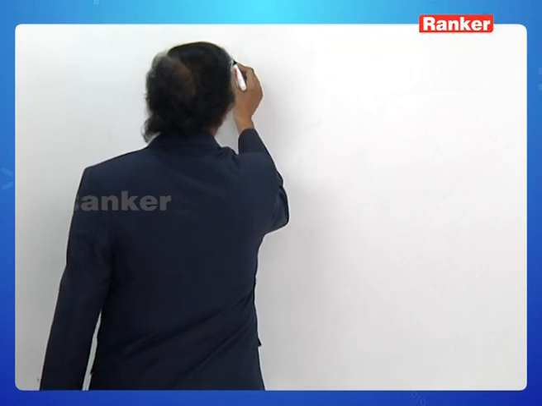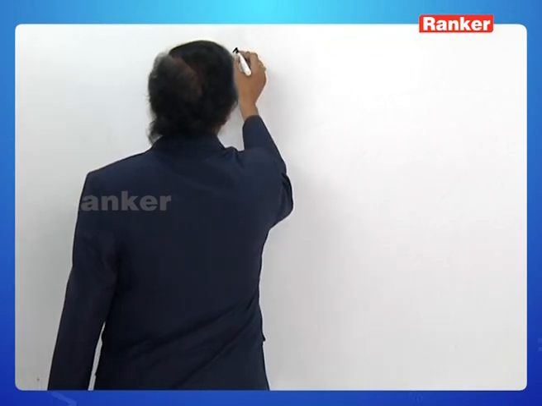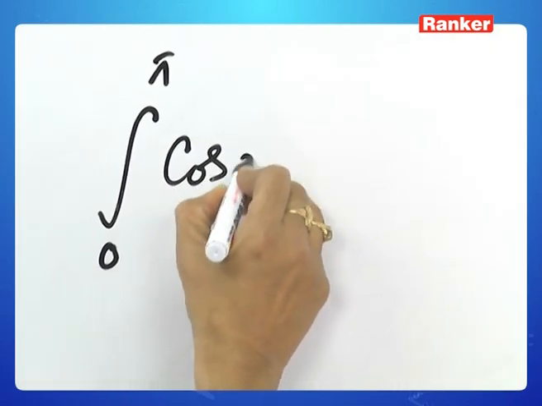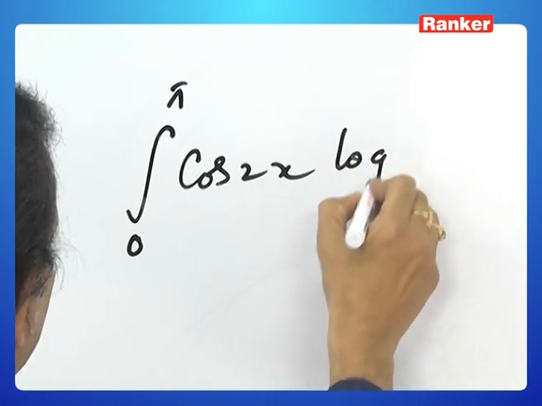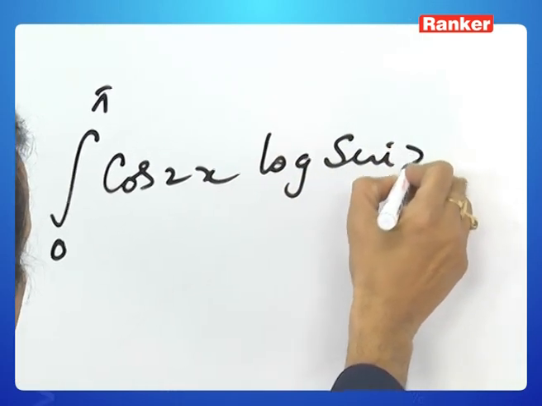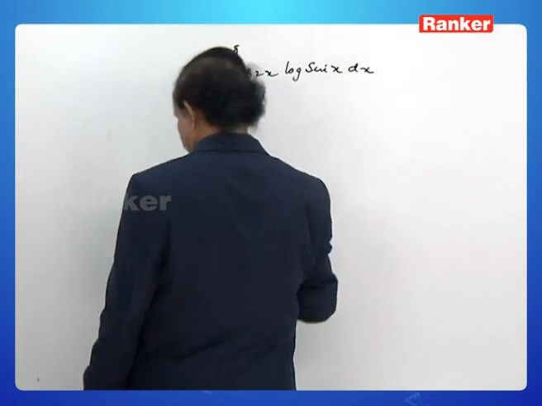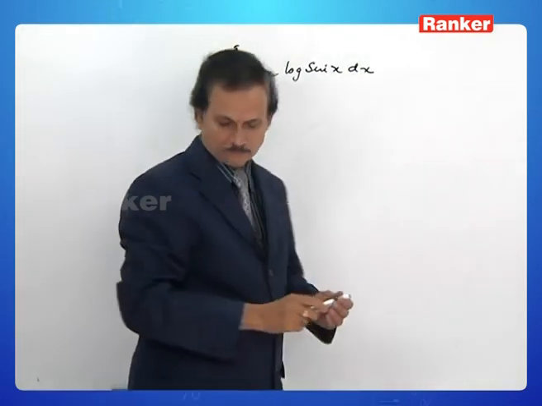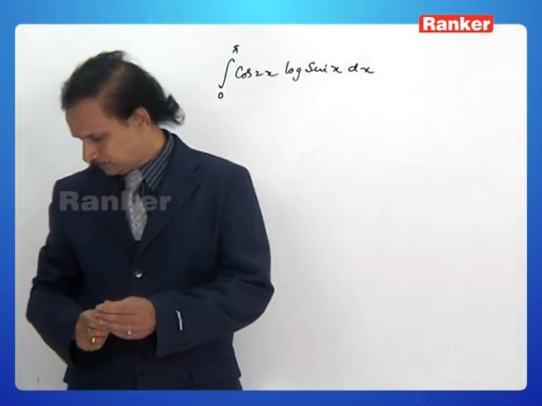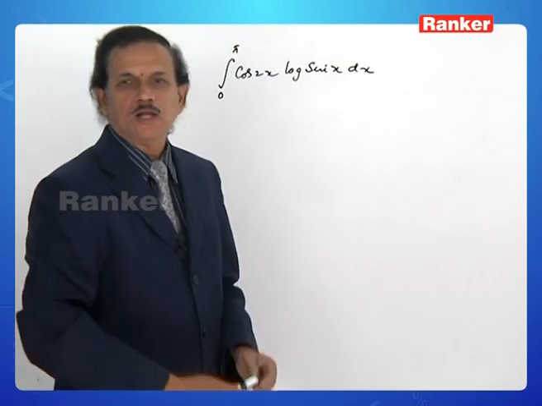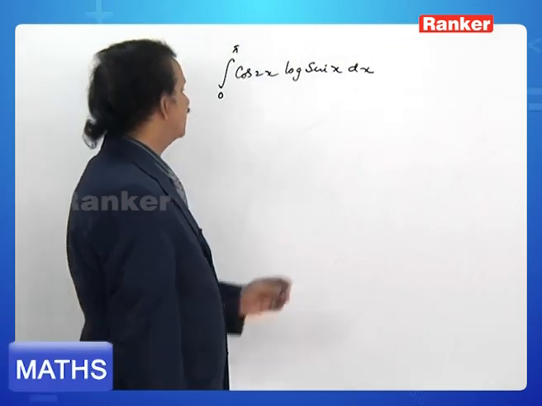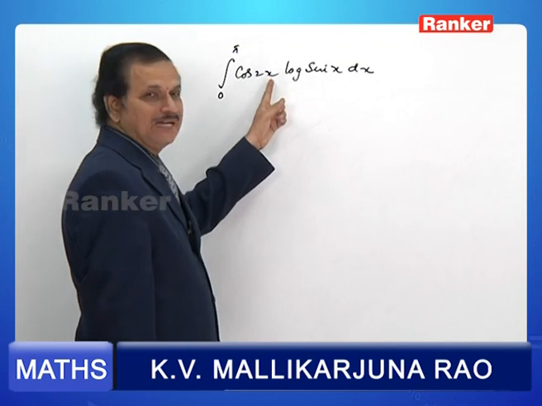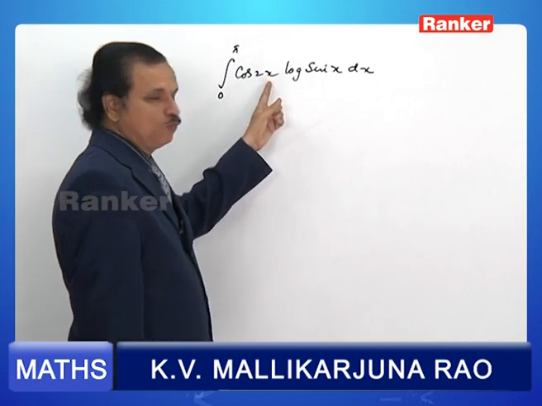The next integral before us is integral 0 to pi of cos 2x into log sin x dx. You see, if you replace pi minus x in the place of x, what happens?